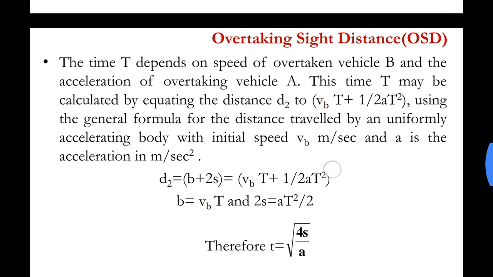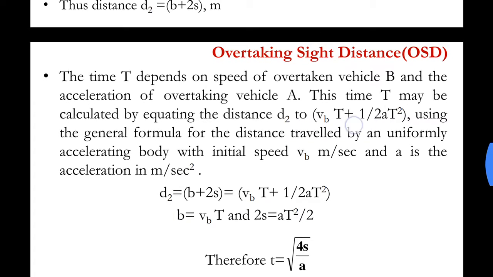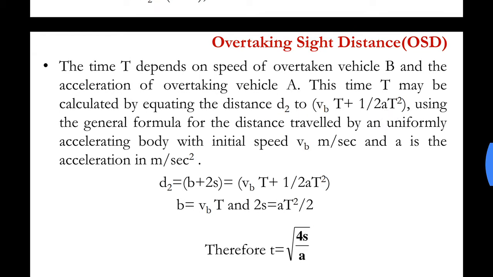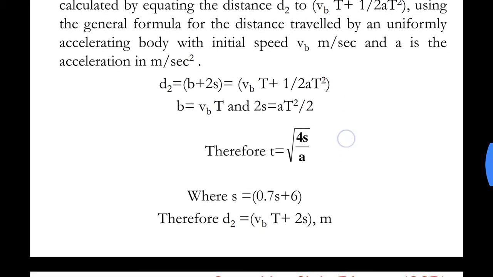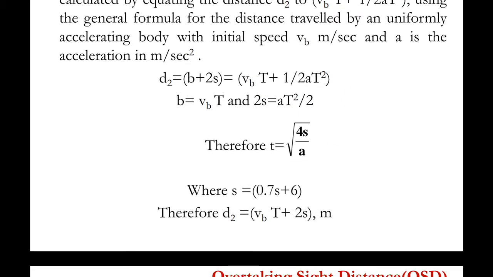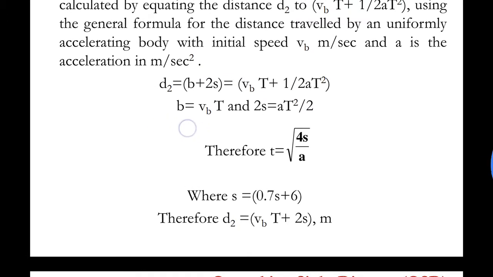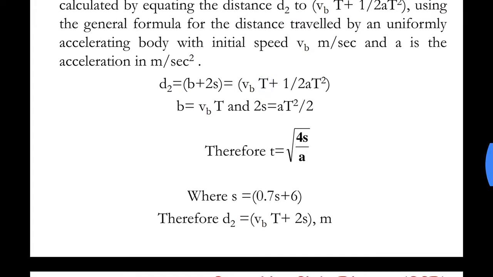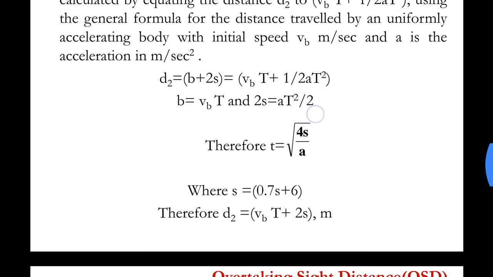Now what we do is we equate these two distances. We know that d2 is equal to b plus 2s, and we know the standard formula for distance, from which we get Vb T plus half a T squared. When we equate these two, we know b equals Vb into T, and 2s is equal to half a T squared.